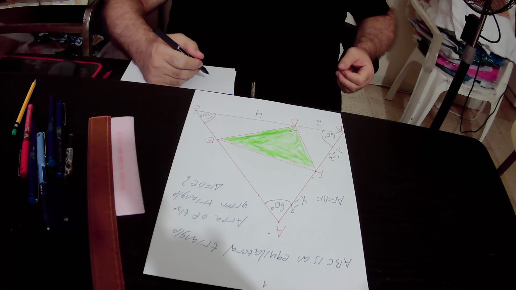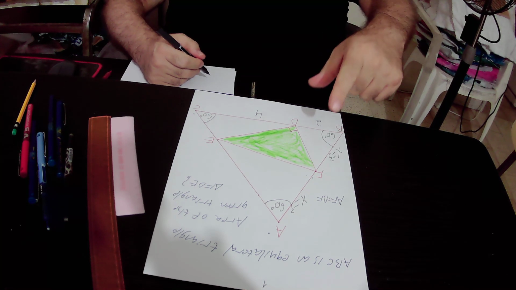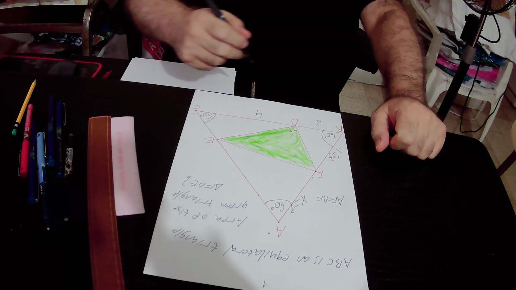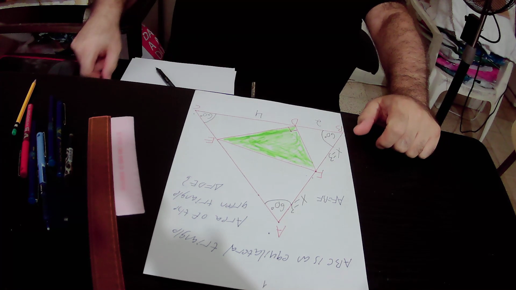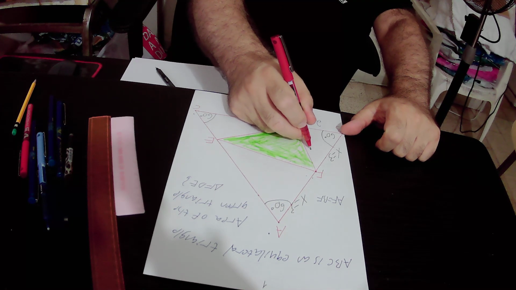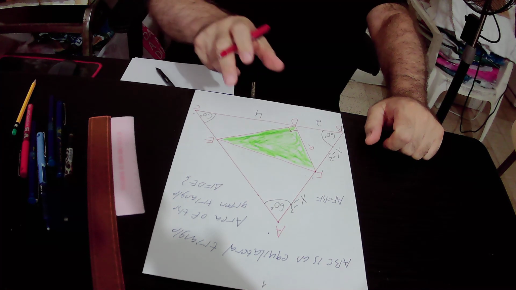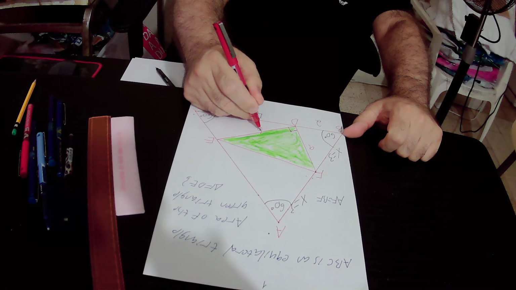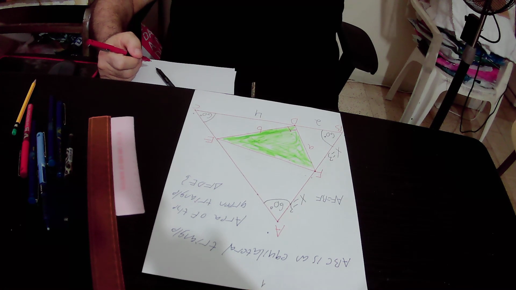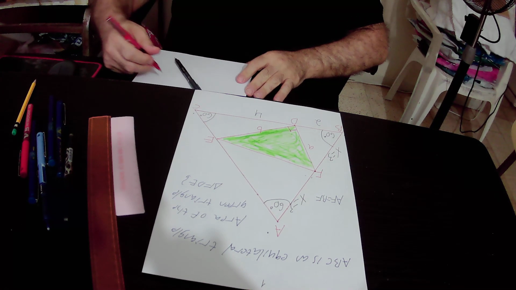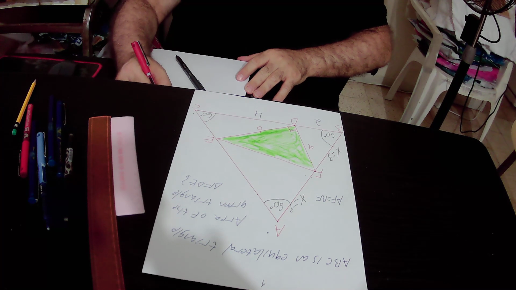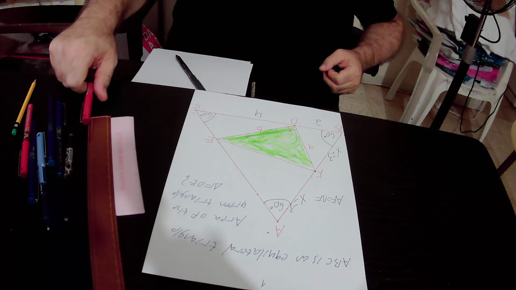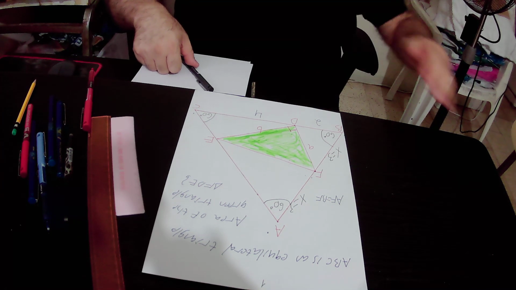In the next step, we will define FD as A. That is to say, FD equals A, and we will define DE as B. That is to say, DE equals B. And we will find the value of FD according to the law of cosines.